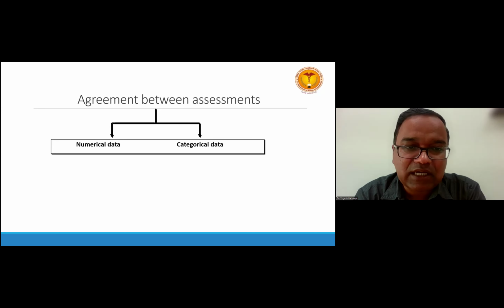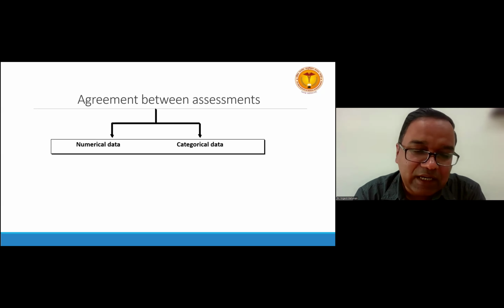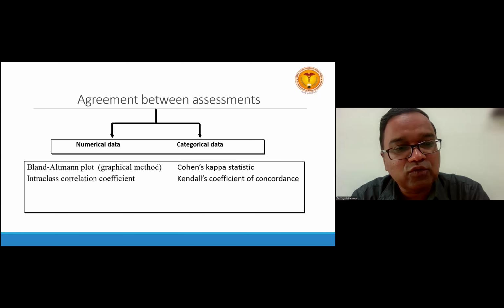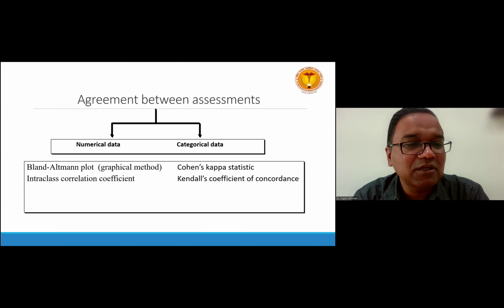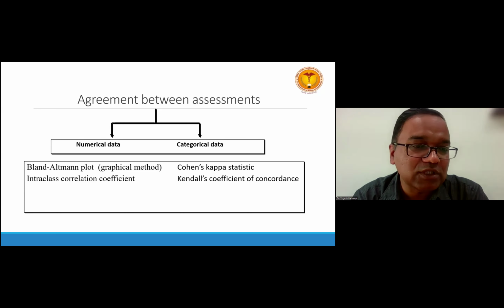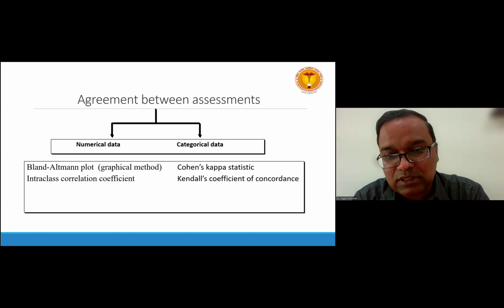When we say assessment or agreement, it is either of numerical data or categorical data. If it is numerical data, one graphical method we would use in our data analysis is the Bland-Altman plot. The other quantitative method we could use is called the intraclass correlation coefficient.